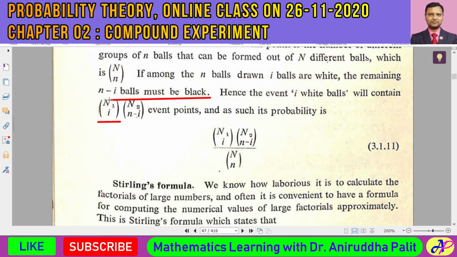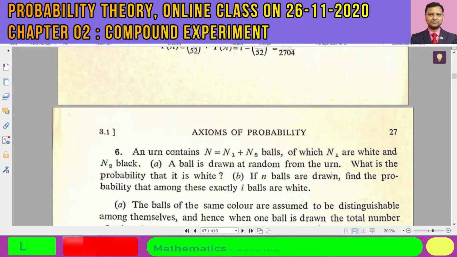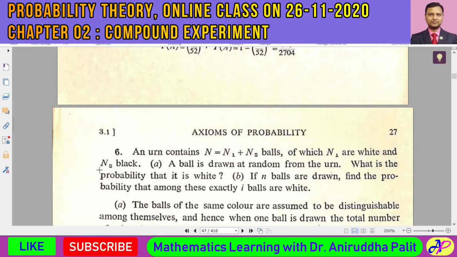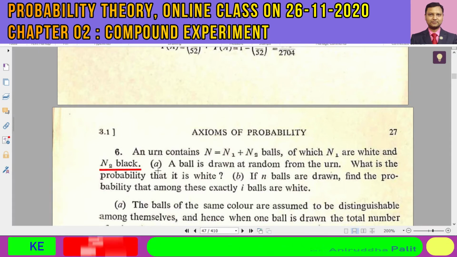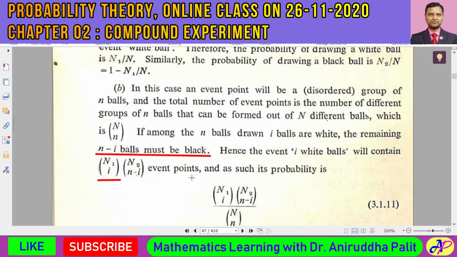The remaining n minus I black balls have to be chosen from the total collection of black balls. How many black balls were there? It is mentioned that n2 black balls are there, and that is possible in n2 C (n minus I) different ways.